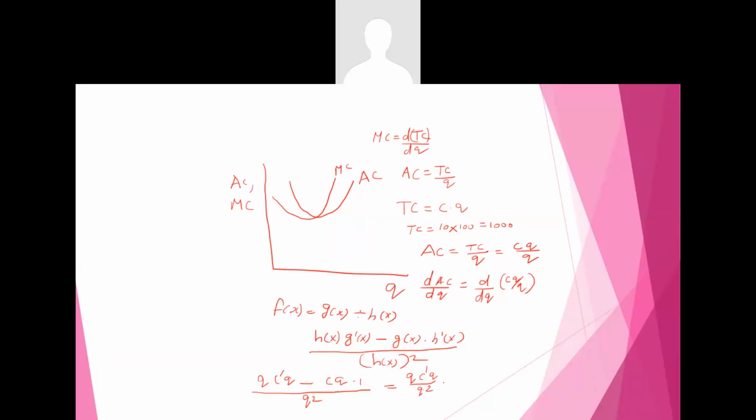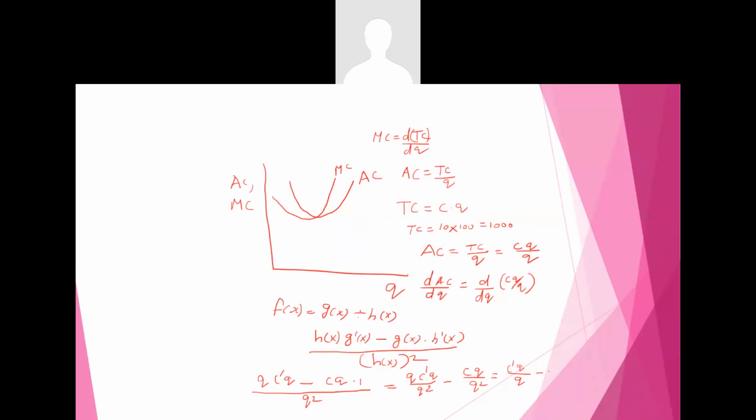We can write this as q into c dash q by q squared minus cq into 1, which is of course cq by q squared. In the q into c dash q term, one of the q's in q squared gets cancelled out.